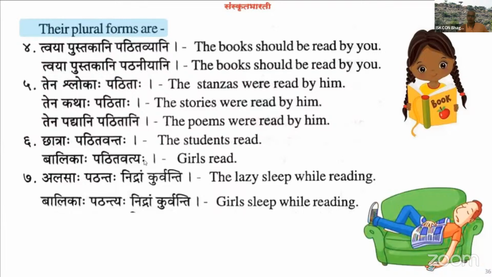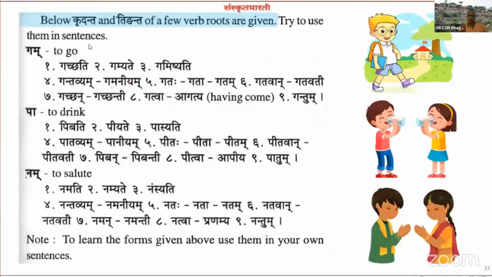So we move forward. Below are the Kridant and Tigant forms of a few verb roots, like gam. There are different types of words made by adding different suffixes. When gam is added with the suffix tip, it becomes gachati.